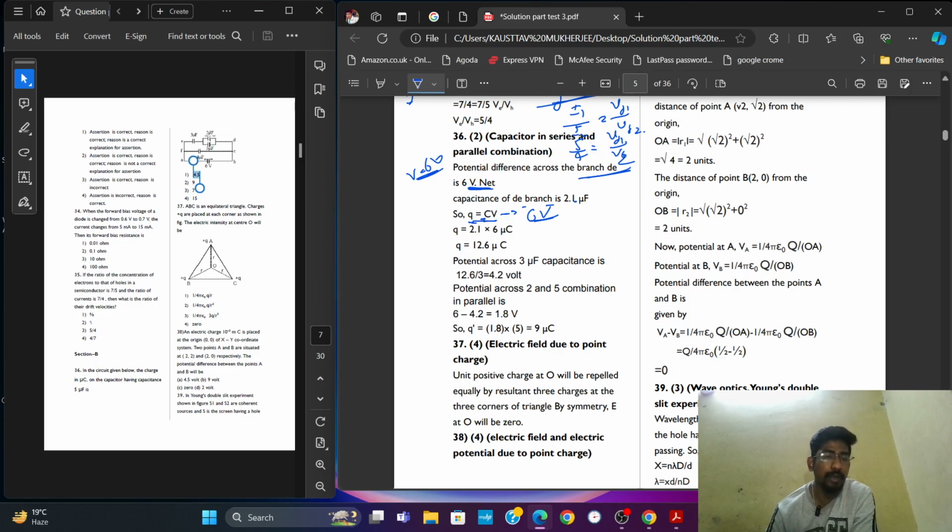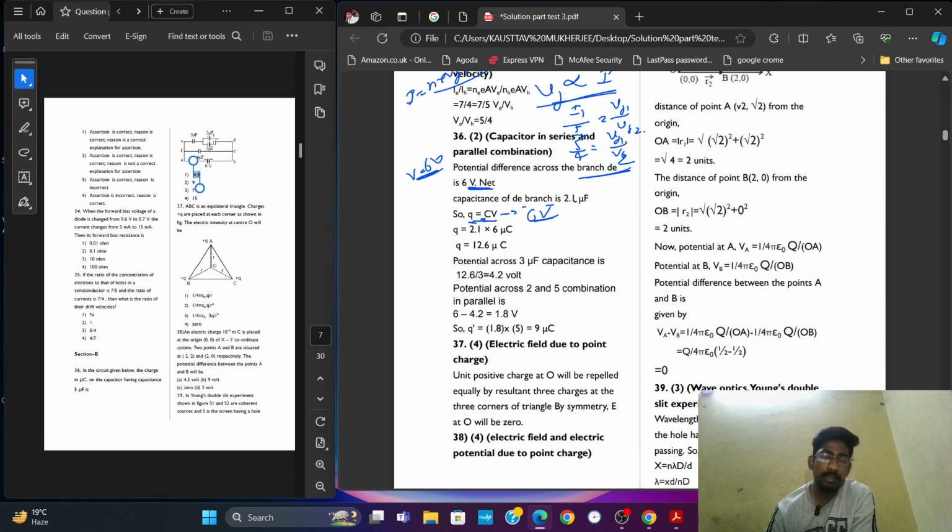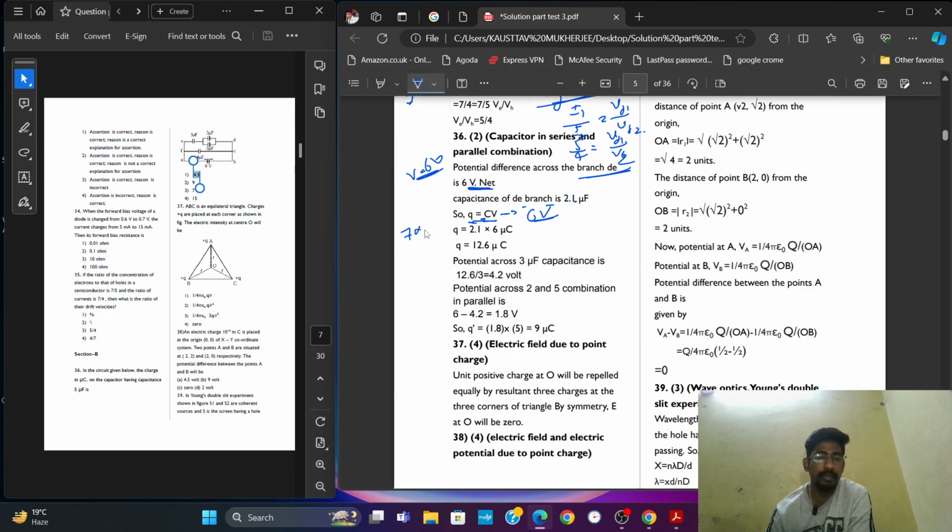How? 5 farad and 2 farad are in parallel, so the equivalent capacitance will be 7. 7 and 3 are in series, that means 7 by 3 plus 7, that is equal to 2.1 microfarad, that is the capacitance, right?